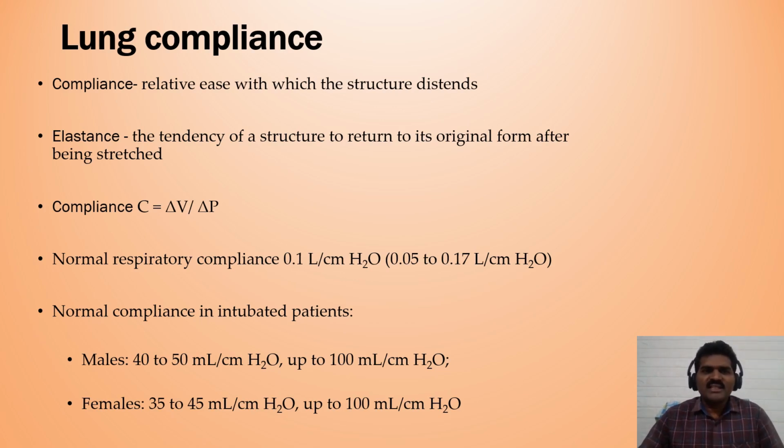The opposite is elastance, the tendency of a structure which is distended to return to its original form after being stretched. Compliance is calculated as change of volume per unit change in pressure, that is delta V by delta P. Normal respiratory compliance is 0.1 liters per centimeter of water, or 0.05 to 0.17 liters per centimeter of water.